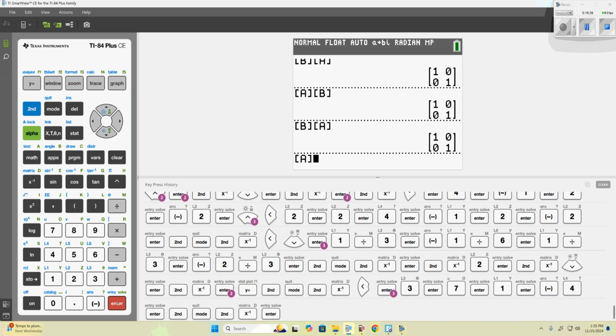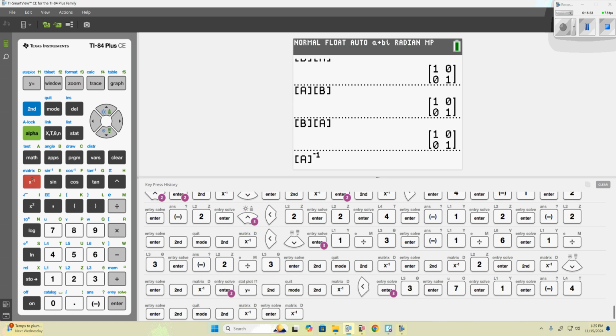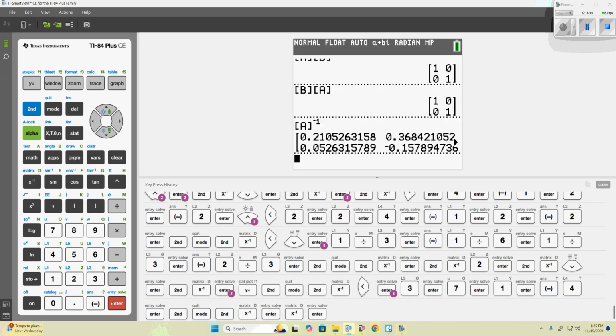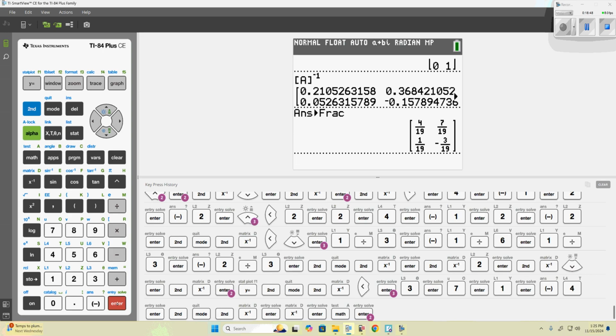Well, our inverse, we've been saying, is what? To the -1, yes? The matrix button without hitting enter is to the -1. That's not a nice number. But if we go math, enter, enter, it tells us it does indeed have an inverse.